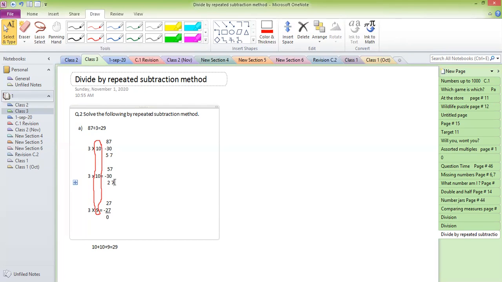Now check the table of 3. How many times do you read the table of 3 in order to get 27? So that is the answer, 9. But if it is not 27, if it is 67 here, then I multiply 3 again by 10. So I will multiply the divisor by 10, again and again, until I get a number which directly comes in the table of the divisor.